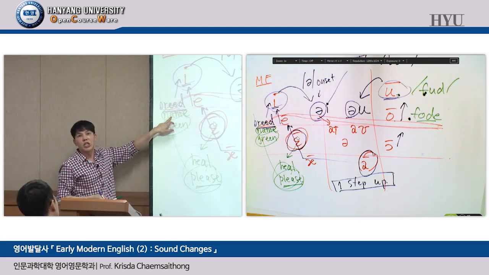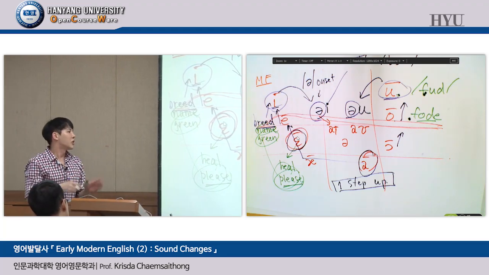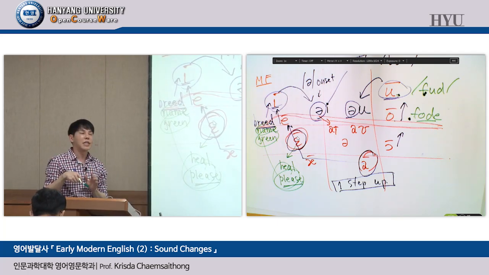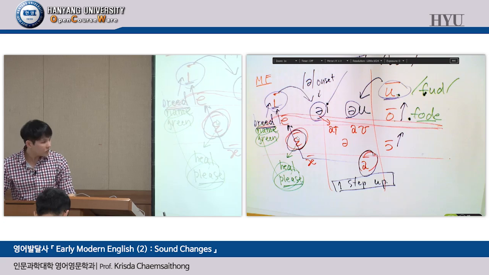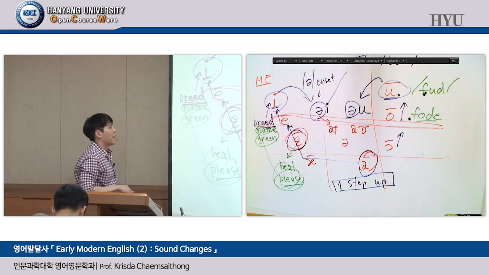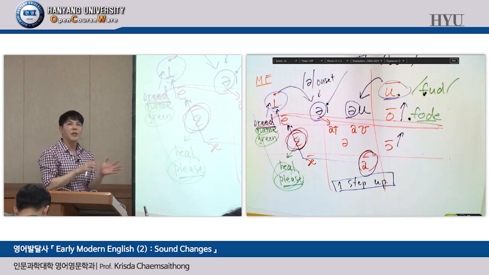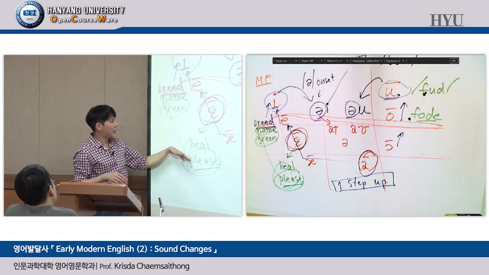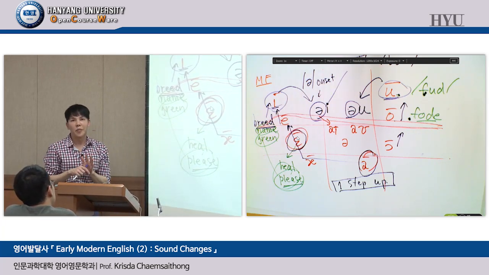The word name here. So nam became name, which is the modern English pronunciation. So in one period, all of these words, name, green, and please, they used to rhyme, right?